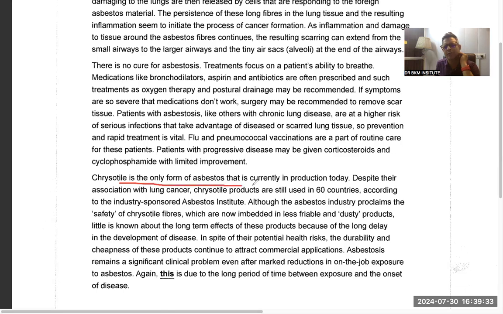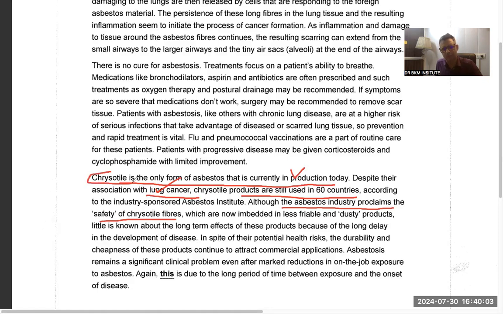C is the only form of asbestos that is currently in production today. Despite their association with lung cancer, C products are still used in 60 countries. So it can cause cancer, but still it is being used in 60 countries. Although the asbestos industry proclaims the safety of the C fibers, they have been associated with lung cancer and they are still currently used.